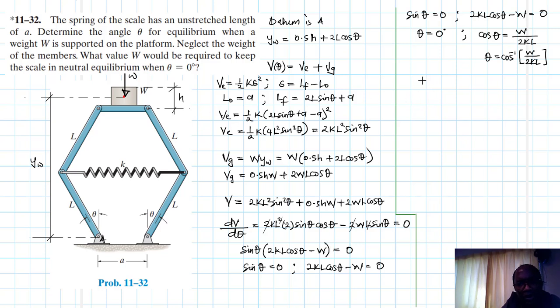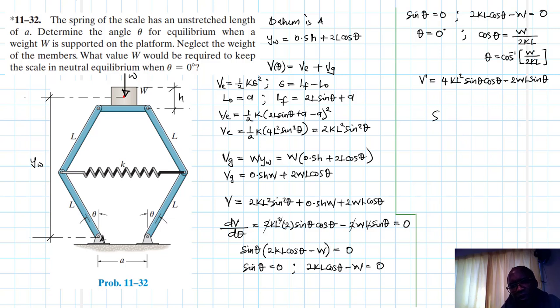Let's find the second one. So let me write this. The first derivative we found as 4kl squared sine theta cos theta minus 2wl sine theta.